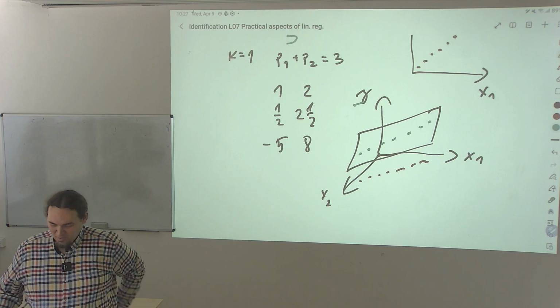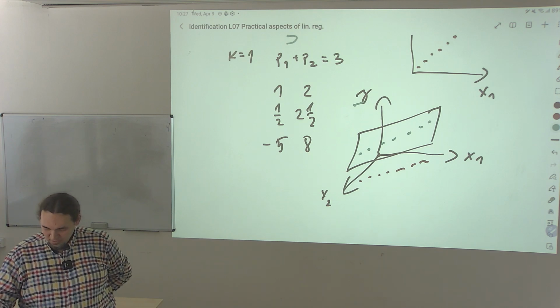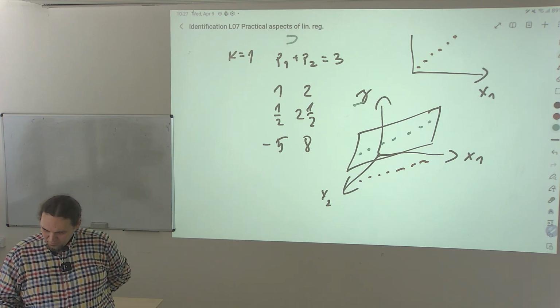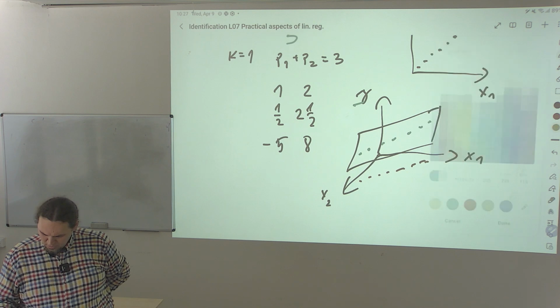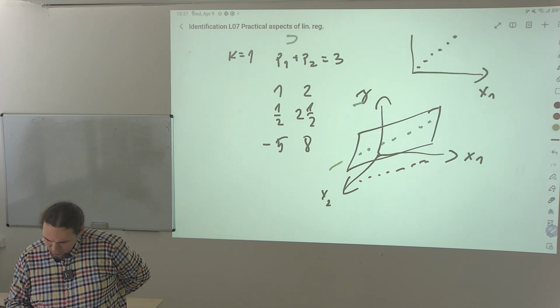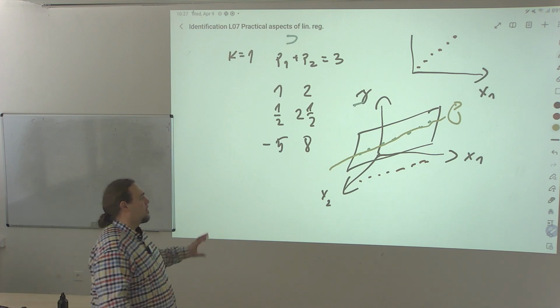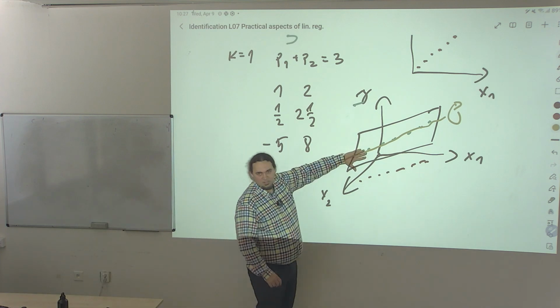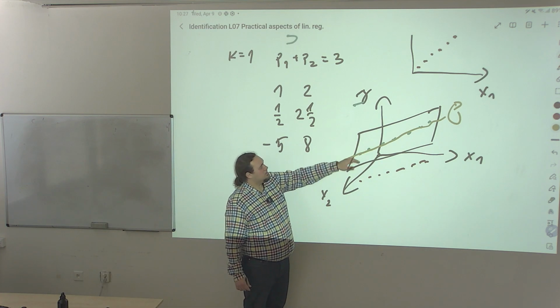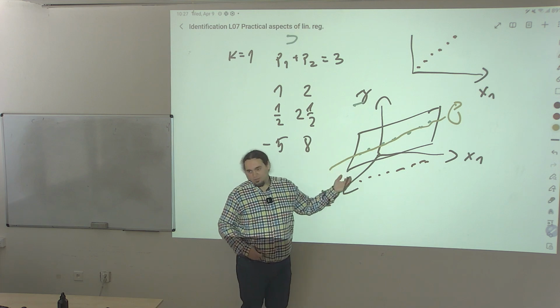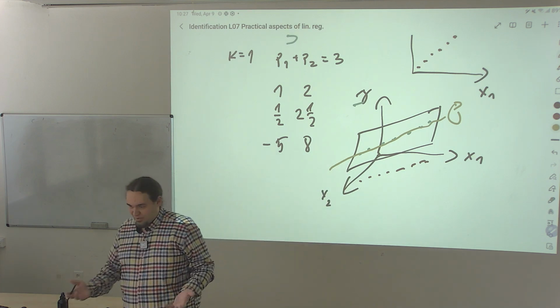There are multiple of them, right? We can basically take this line as some axis of rotation, we can fit any sort of a model very easily.